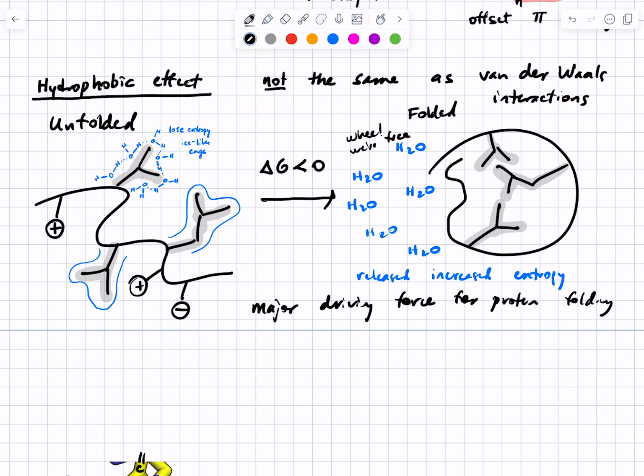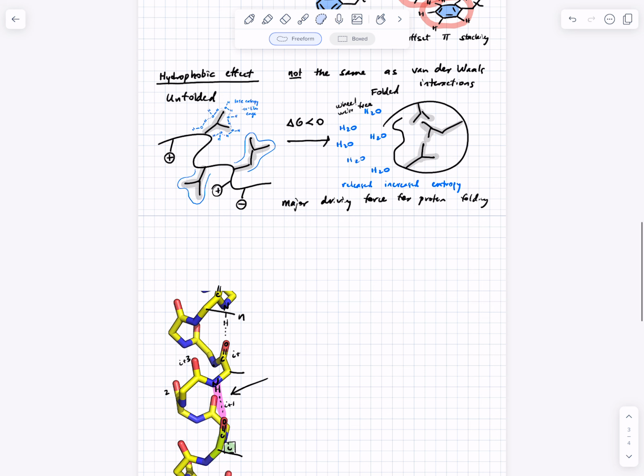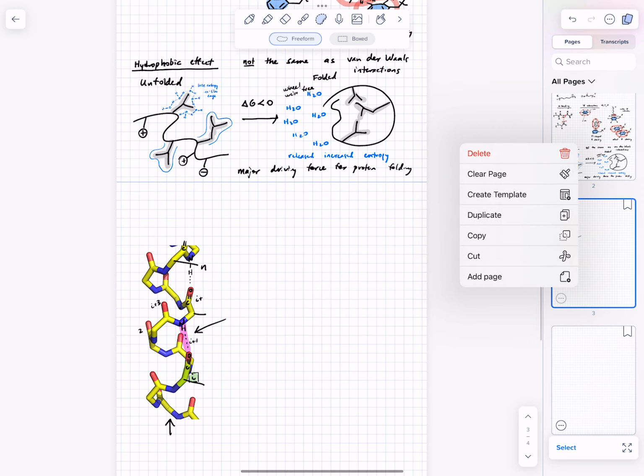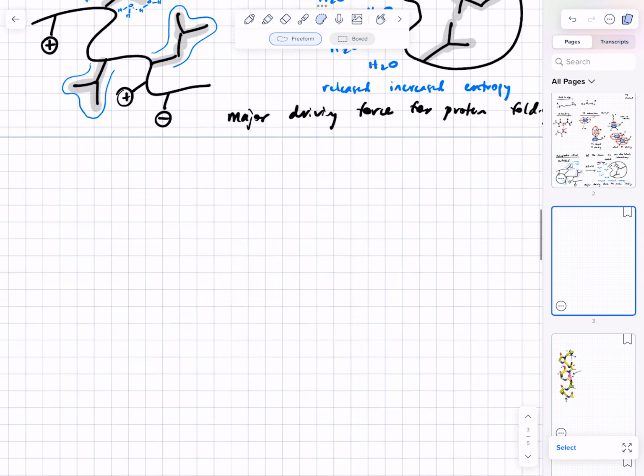All right, so in the time we've got left, I'm going to write a sequence of a protein, and we're going to start trying to understand how that sequence relates to the structure of the protein. Okay.